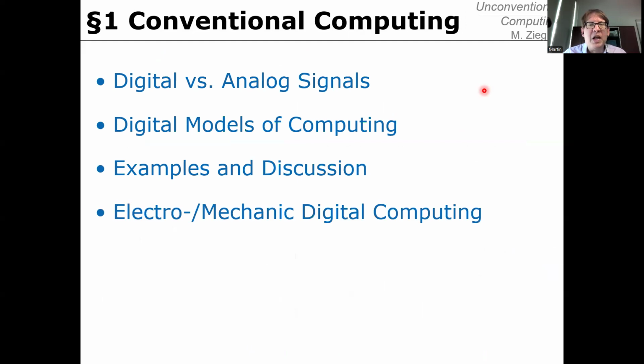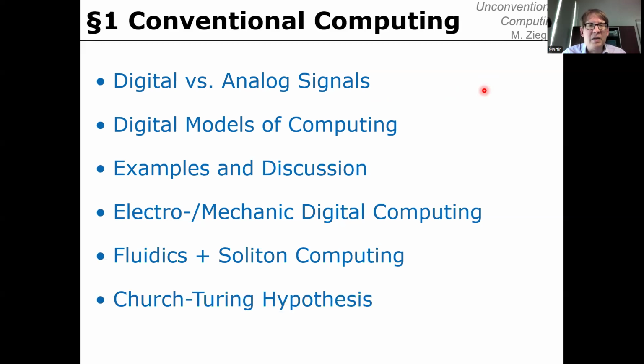We talked about realizing Boolean gates using mechanical devices, using electronic devices, using electrical devices, using electromechanical devices, and using fluidics and using solitons.